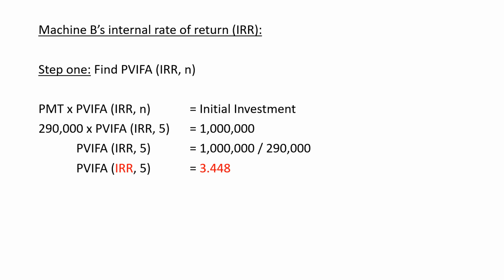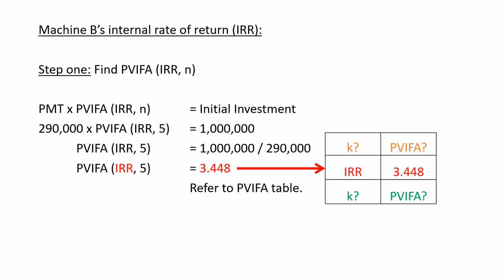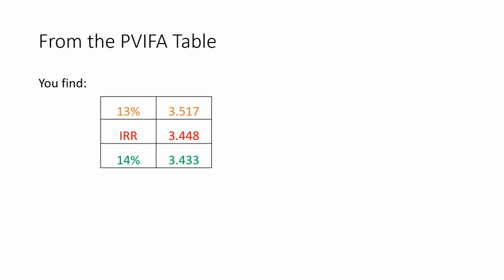We find that this is the interest factor, 3.448. Refer to the table. Now we have the unknown K and the interest factor. From the table, you find the figures for K and PVIFA.